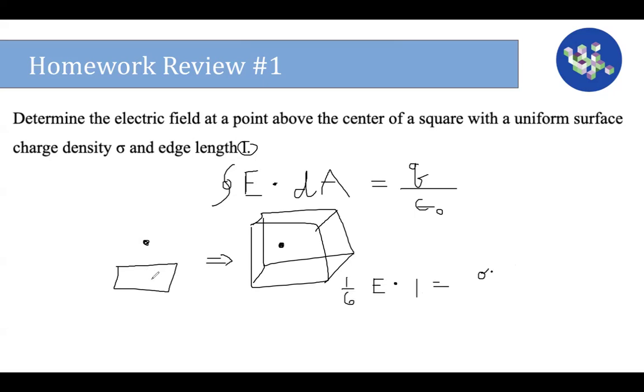Because we have only one face out of 6 for the flux, so it's 1/6 over epsilon naught. So we can say E is sigma over 6 epsilon naught. All right, any questions? If not, we can move to the next problem.